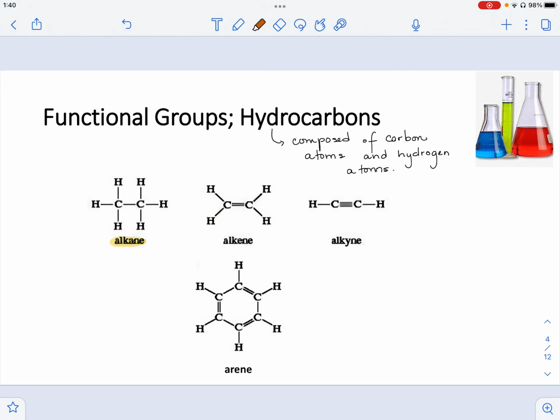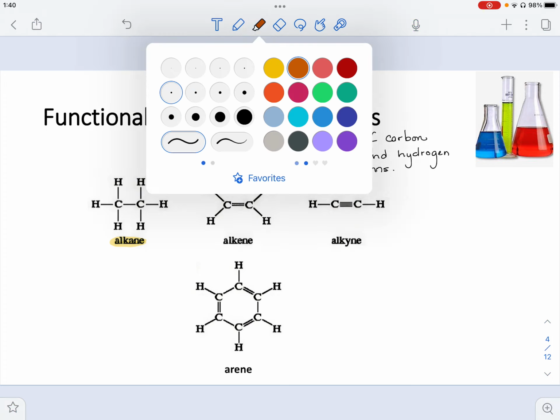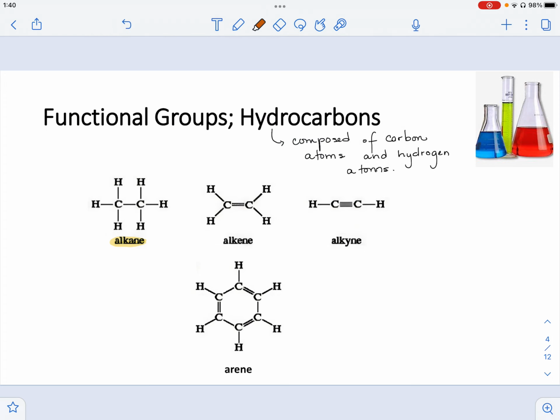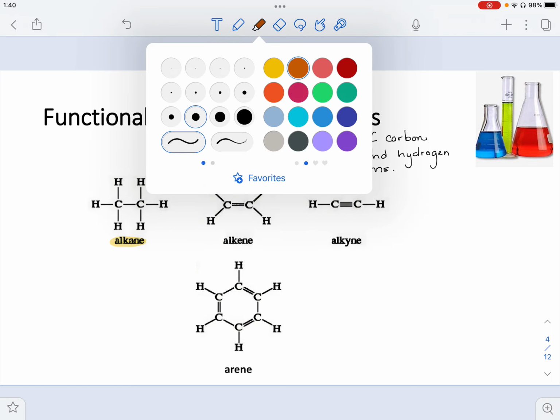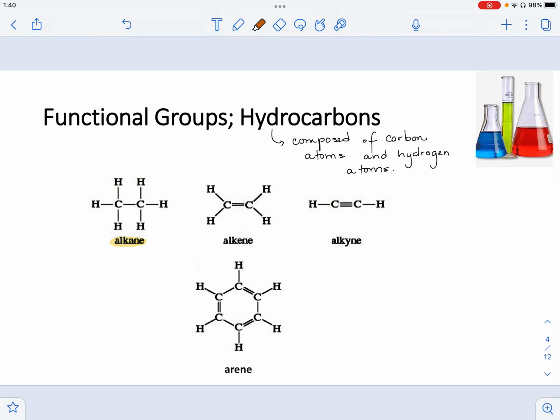Then we have specifically the alkenes. And when it comes to identifying how do we know that something is an alkene, it is going to contain one or more carbon-carbon double bonds.